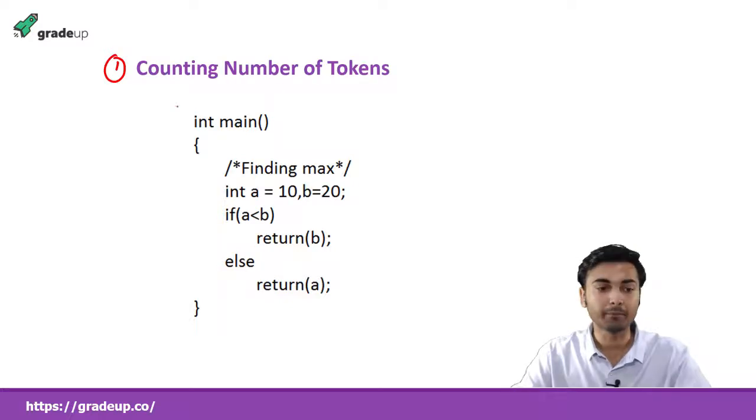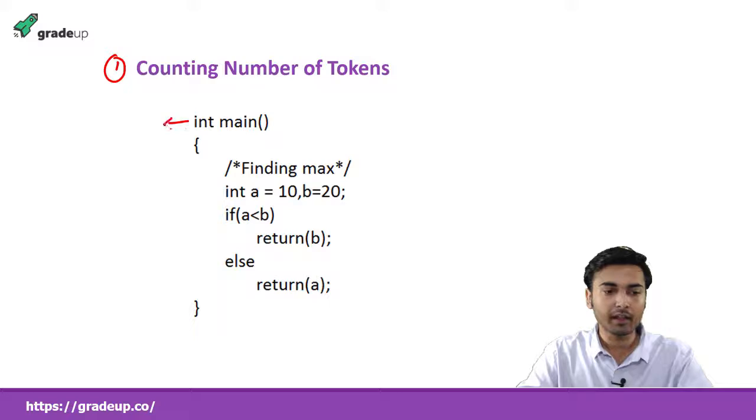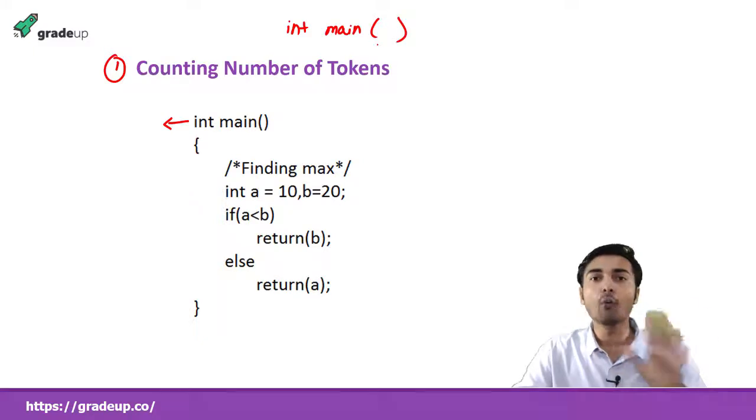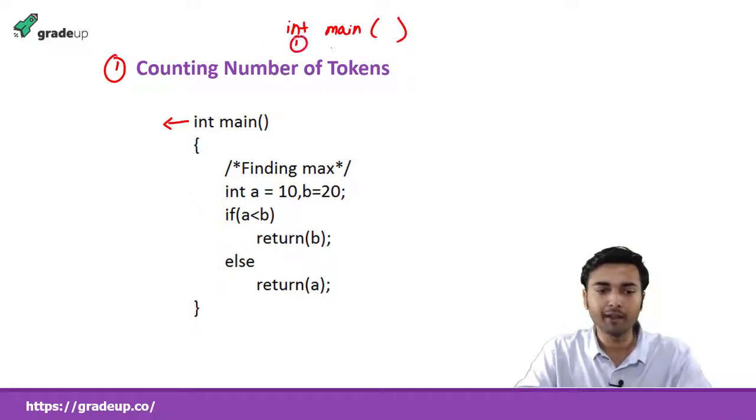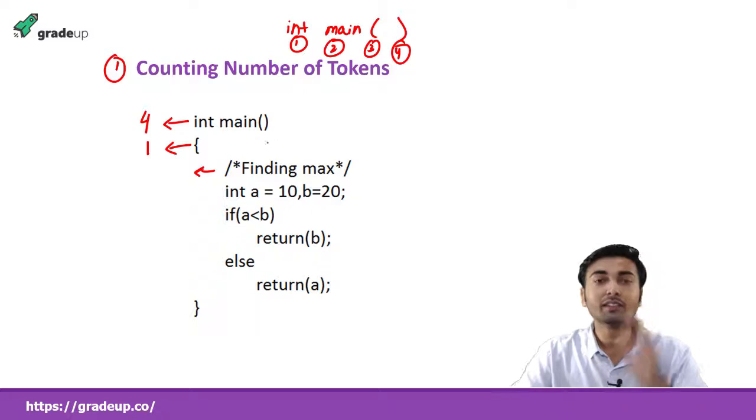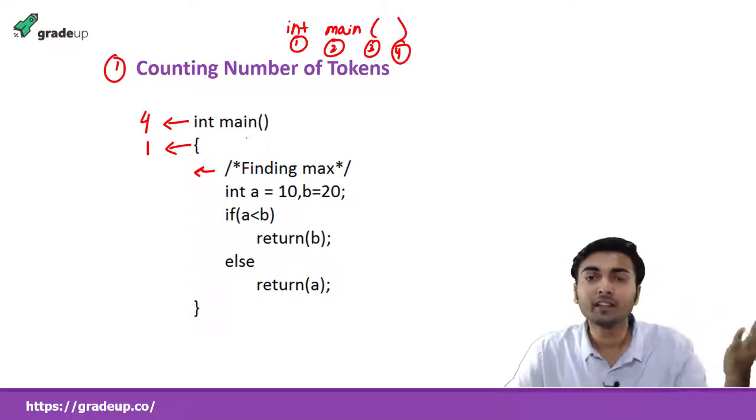How to count? Count line by line. See here, int main, this and this. How many tokens are there? 1, 2, 3 and 4. So 4 tokens are there in this line. Now this is a single token. Now this, how many tokens? Is this a comment or not?